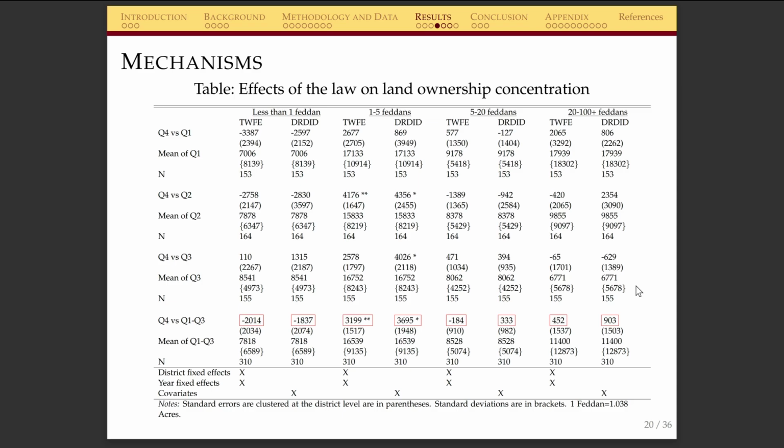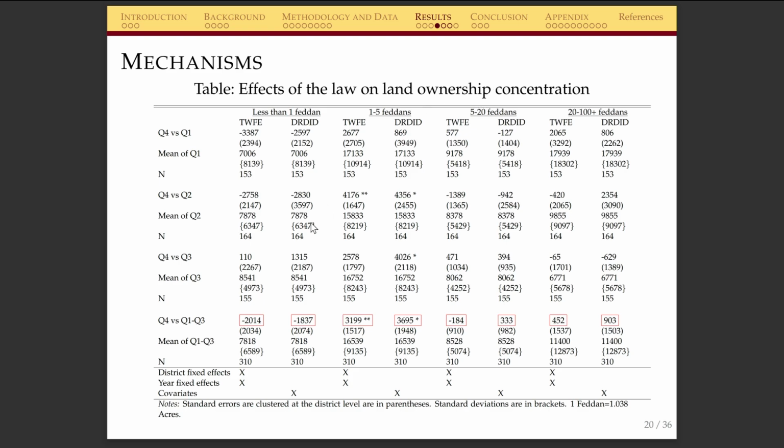But when I try to look further at the mechanisms, I look at land ownership concentration. I'll remind you that so far we're looking at land holdings, whether ownership or tenancy. But in this case, I only have access to the plot sizes by ownership.